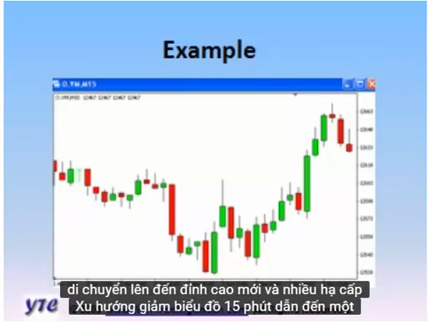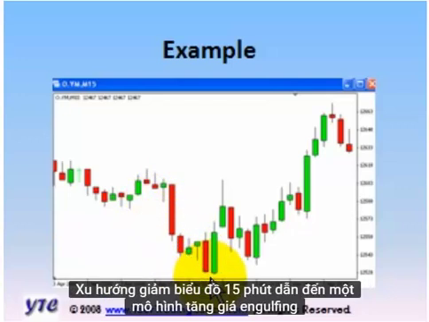And mini Dow 15-minute chart, downtrend leading into a bullish engulfing pattern.